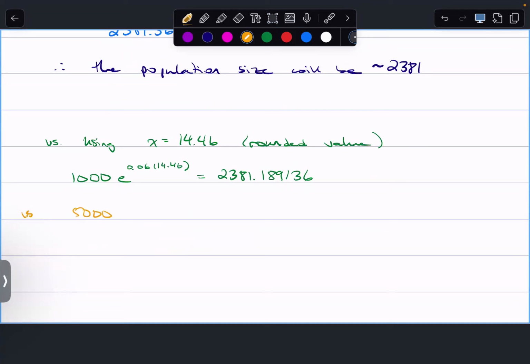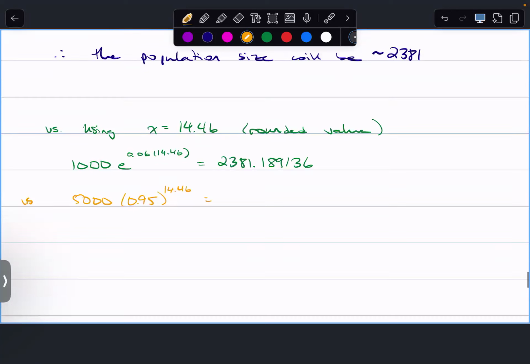Versus 5000 times 0.95 to the power of 14.46.